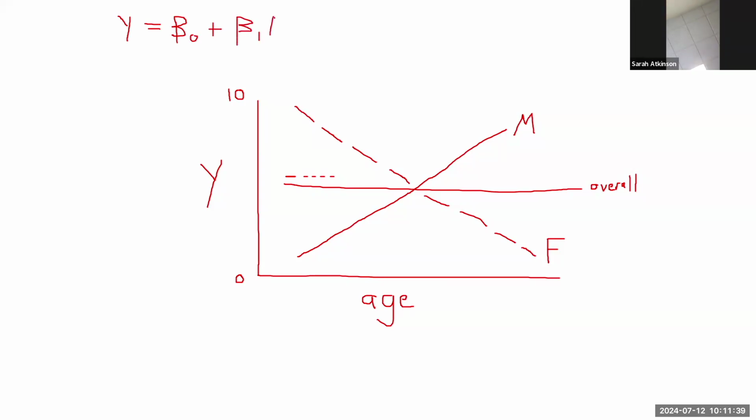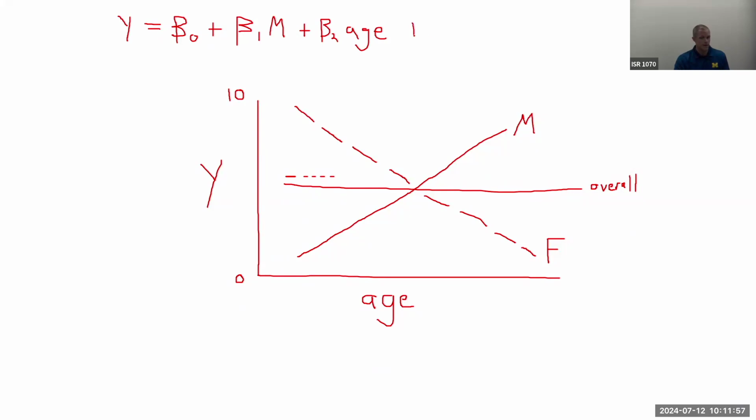Let's suppose it's an indicator for being a male, plus a coefficient times age. And that would be my massive mistake of a model right there if I just stop there, right? Plus a coefficient for the interaction between the male indicator, which is just 1, 0, and age.